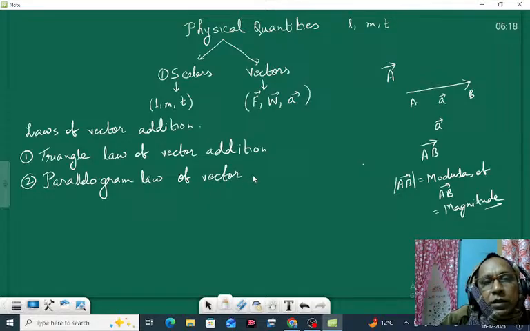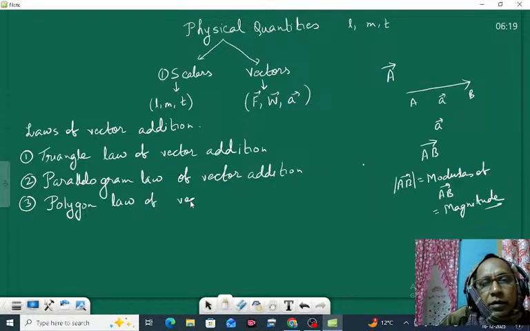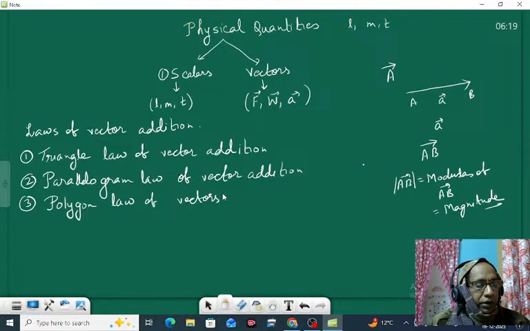We learn all these things in detail. And the third one is the polygon law of vector addition. These three laws we apply here. Now we learn all these three laws, what the formula for these is, and how we apply this vector addition.